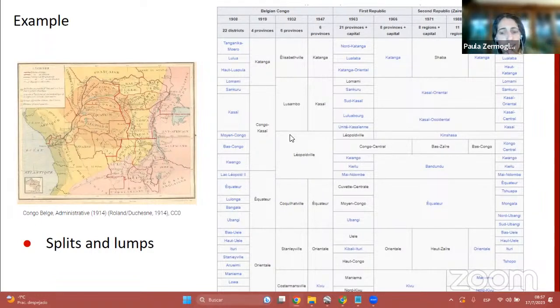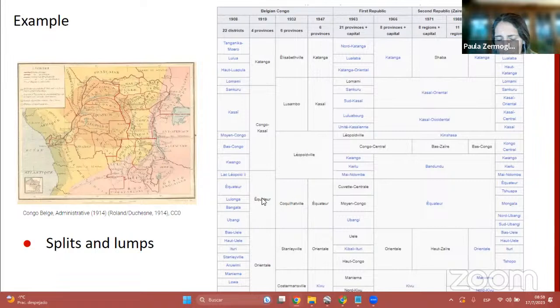And so one clear example of that is here. In 1908, there was a district called Equator, and that district, together with others, became a province that was called exactly the same, but now this Equator is not the same territory as this Equator was describing. And later on, that got another name, but excluding one of the previous districts. Then it went back to being called Equator, but check this out.